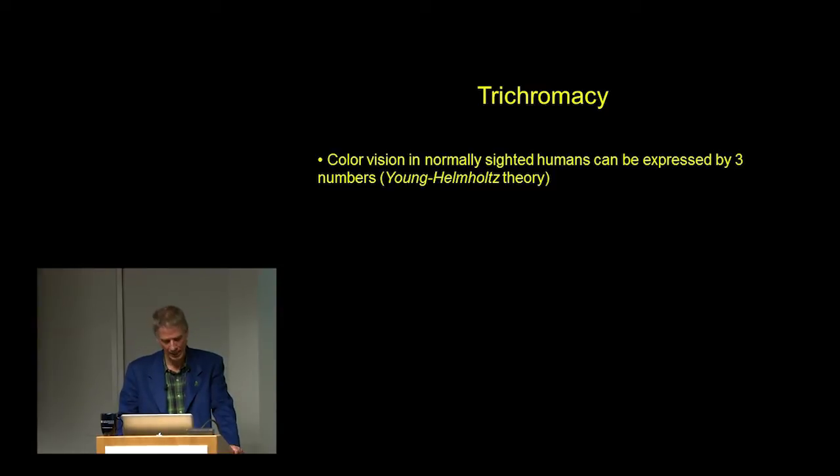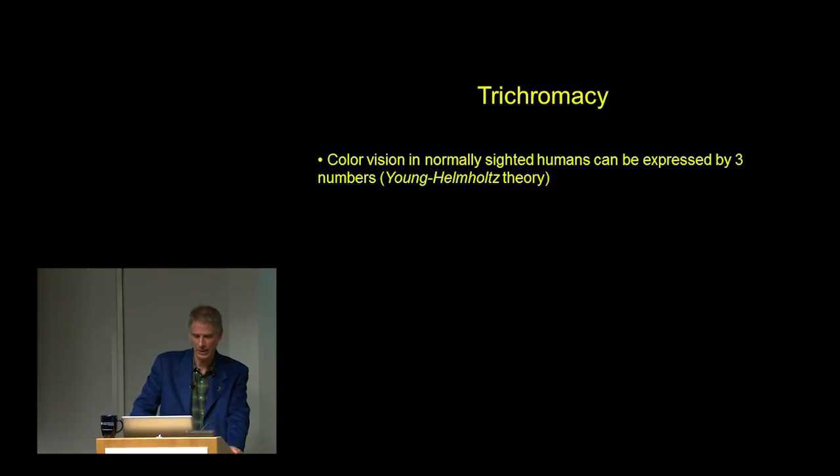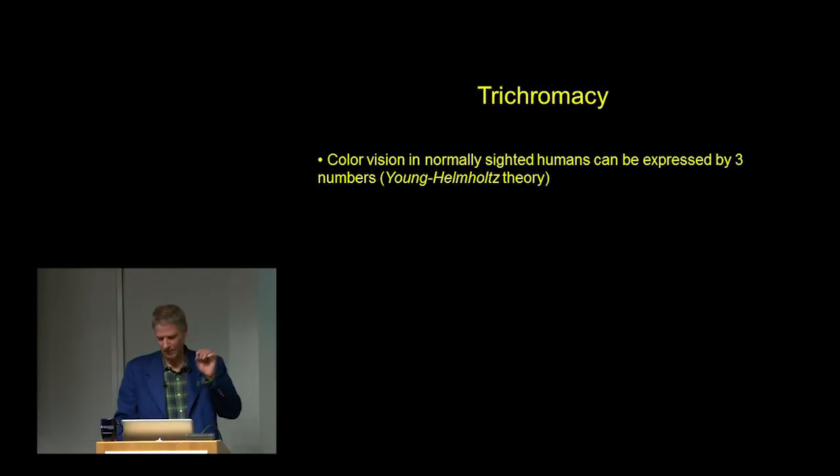They're conventionally, but somewhat incorrectly, labeled as red, green, and blue photoreceptors. They should really be labeled, and typically they are in the scientific literature, as long wavelengths, medium wavelengths, and short wavelengths, photoreceptors L, M, and S. That's really the correct way of labeling it, because once again, there are no red photons or green photons or yellow photons.